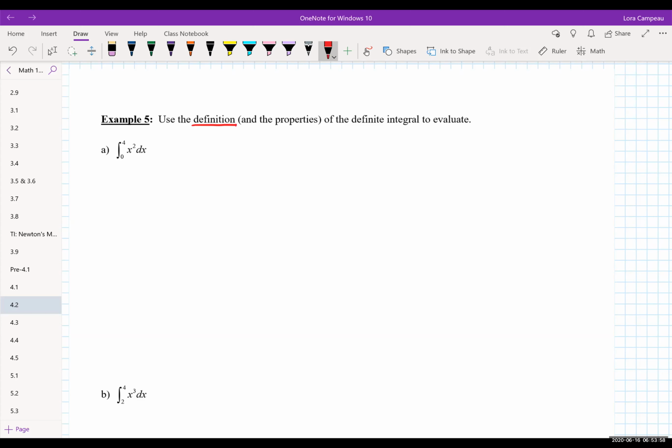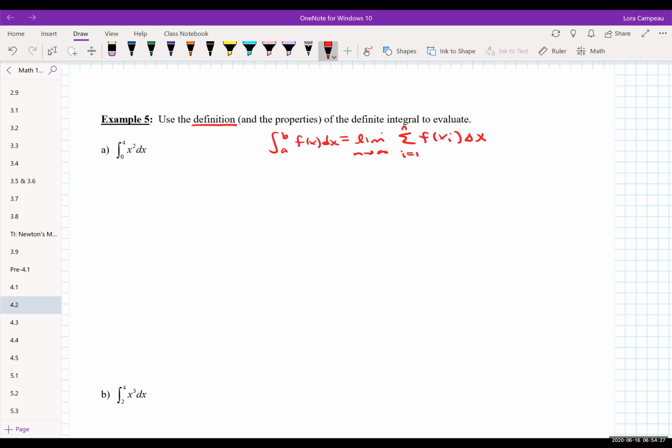Some of you might already know it. Maybe you read ahead. But if you're asked to use the definition, remember it's the limit as n approaches infinity of the summation from i equals 1 to n of f of x_i delta x, and that would be the integral from a to b.